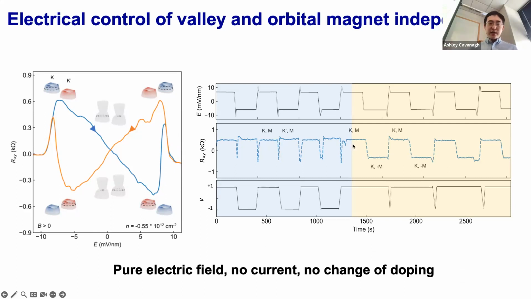Or you can keep the valley the same and switch the sign of the orbital magnetization by purely scanning an electric field. So we think this is quite interesting in the sense that you can just use the electric field, without any current flowing in and out of the sample or changing the doping of the graphene, to reach simultaneous independent control of the valley and the orbital magnetization.